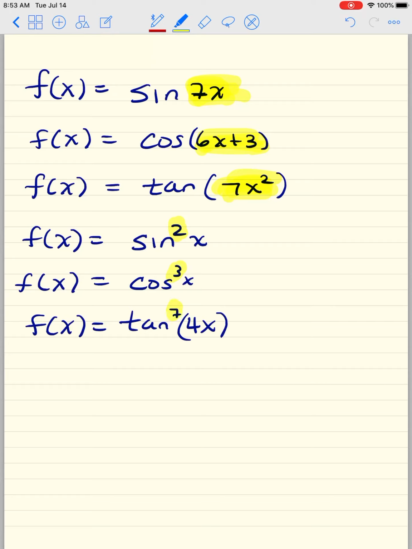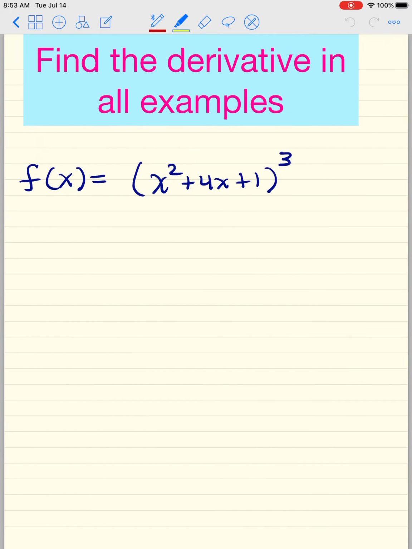So if your exponent is other than 1 or your angle is other than 1, you must use the chain rule. In this video, I'm only going to show you guys the ones with the polynomial raised to a power, and then in the next video I'll start making the problems more challenging. So how do we use the chain rule here?